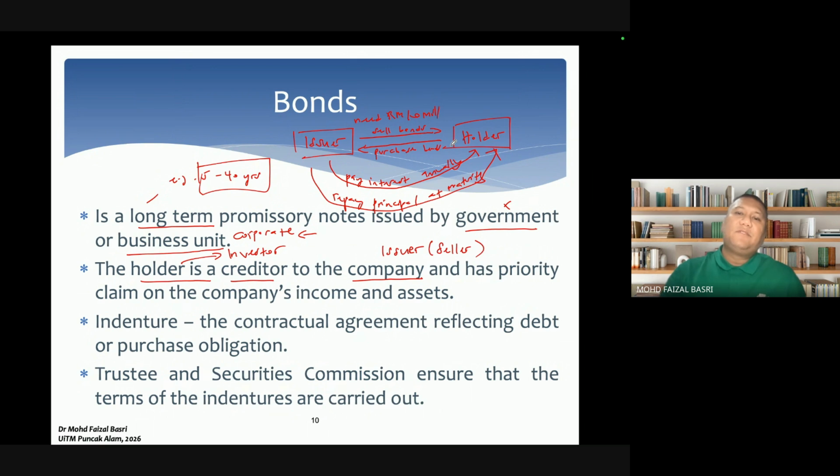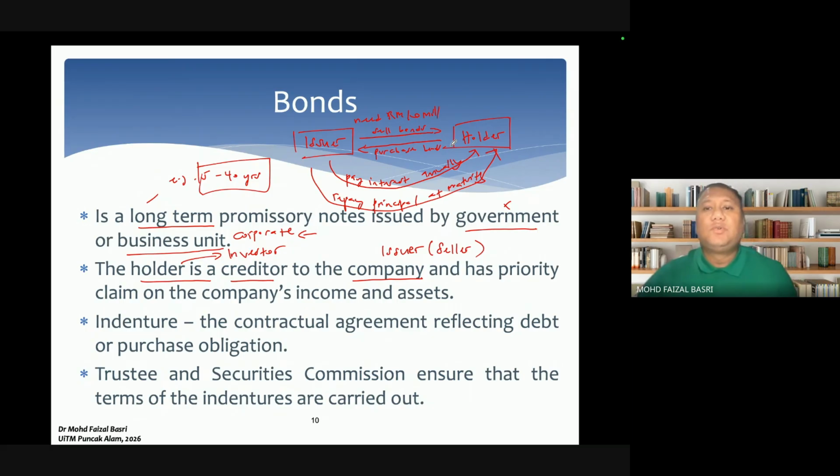Okay, tetapi for bonds, okay, we don't pay the principal at first. We just pay the interest. We serve the interest saja. But we're going to repay the principal at maturity lump sum. Okay, so the difference in terms of how we make repayment lah. Okay, we make repayment tu berbeza sedikit.